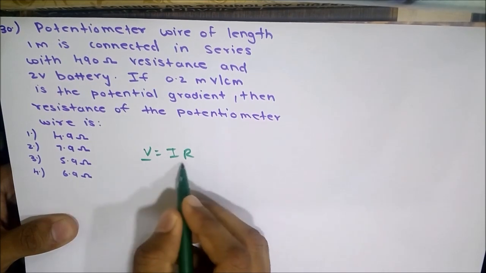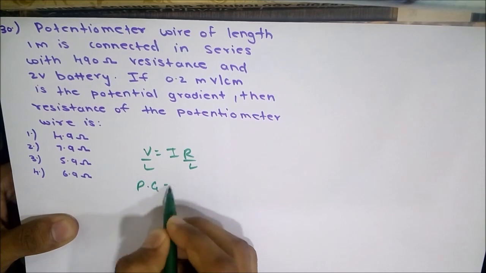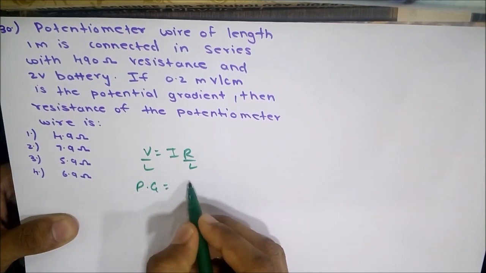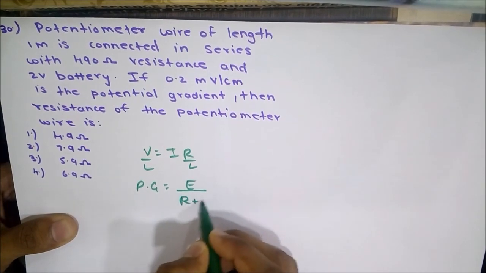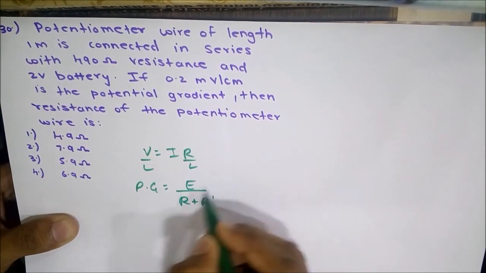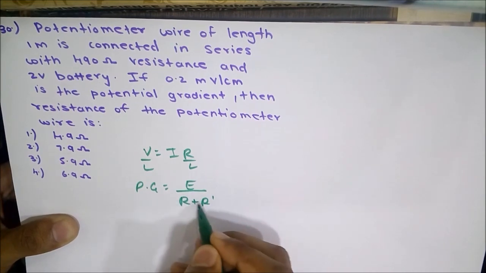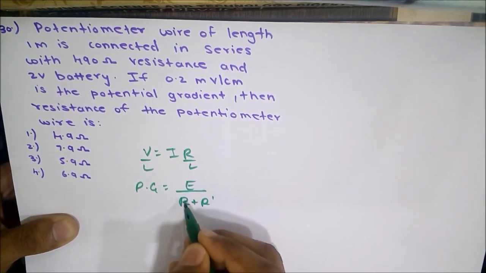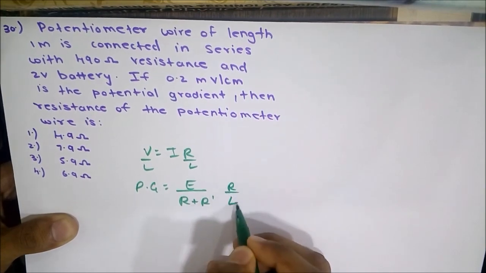So dividing by L on both sides, V by L is nothing but the potential gradient, is equal to I, the current flowing through the circuit, can be given as E upon R plus R dash, which is the EMF of the cell, and R is the resistance of the wire, and R dash is the external resistance, into R upon L.